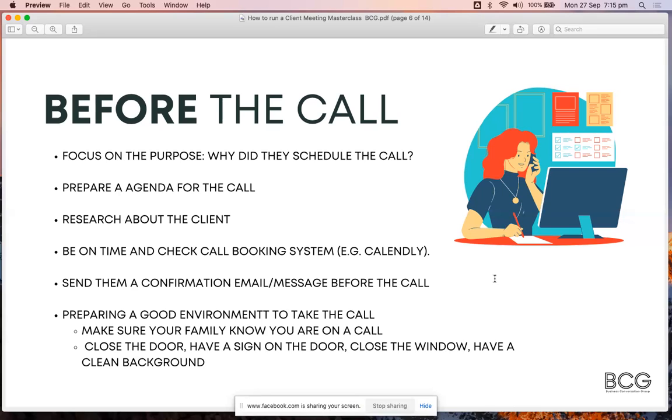Okay. So another thing you should do is obviously research the client. You should not go to a call without knowing anything about the client. Just simply go to their website if they have one, and see what kind of business they run, what kind of clients. Have a good background check of the business.